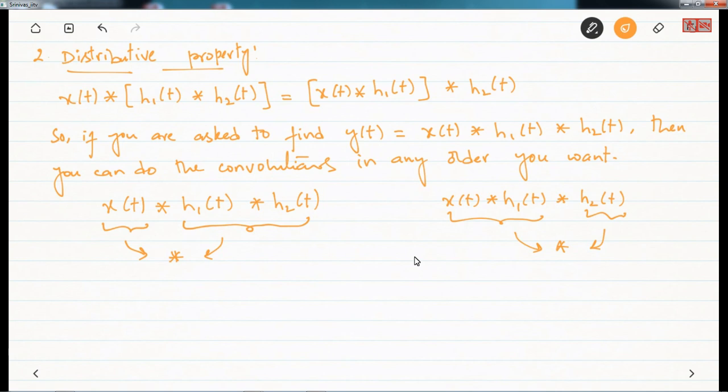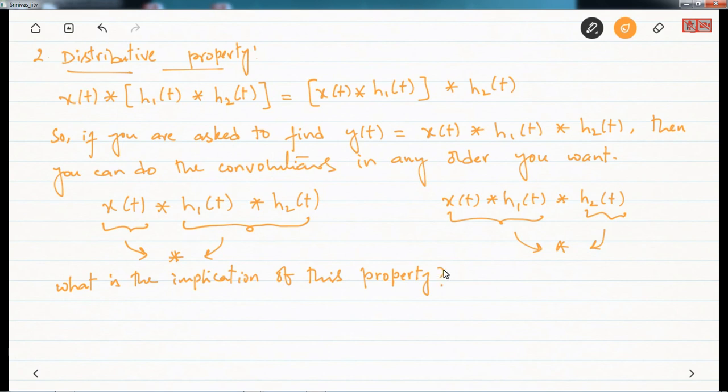So, what is the implication of this property? How can we use this property in practice?